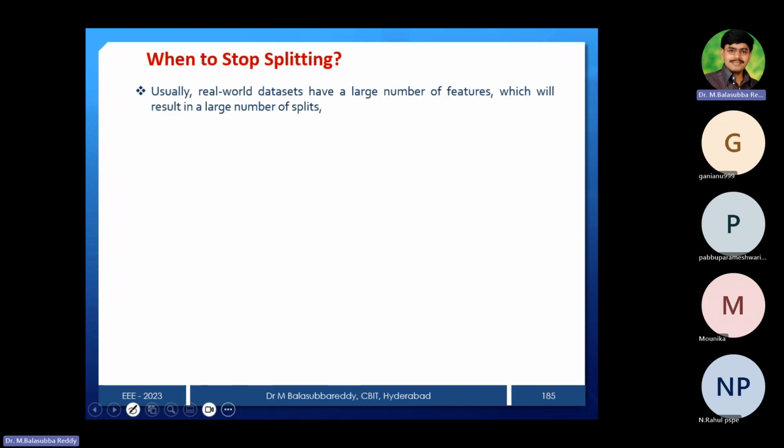When to stop splitting? A data set with a large number of features will result in a large number of splits.